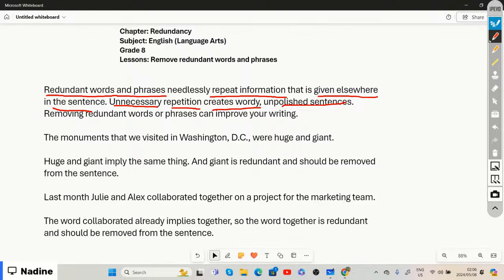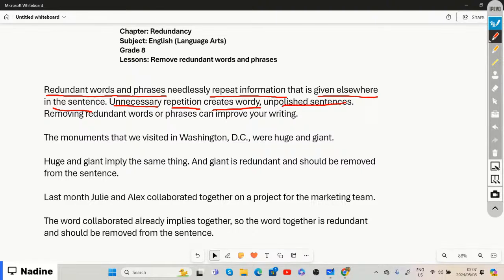That is why, even when you are writing, you cannot have run-on words. Once you start repeating certain words, it creates wordy sentences, meaning there's just a lot to read, and unpolished sentences, as if your sentences are not properly flowing.